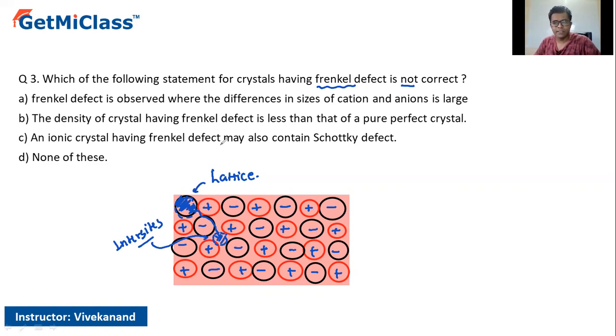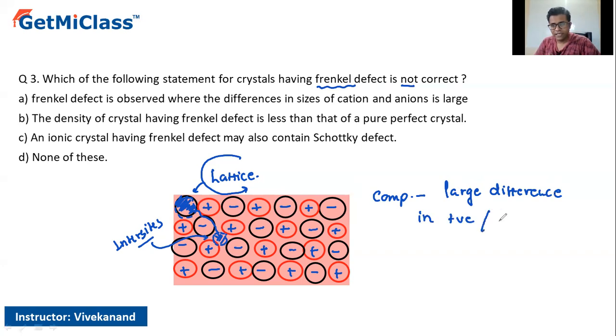So basically what is happening here is that there is no change with respect to density because the overall system remains the same. Only the ions are moving out from their respective lattice sites to the interstitial sites. Now, this defect is usually observed in those compounds wherein there is a large difference in the sizes of the positive and negative ions, that is, the cations and anions.